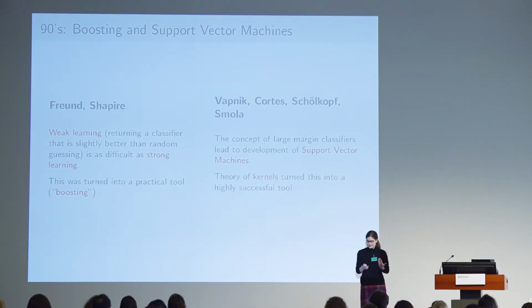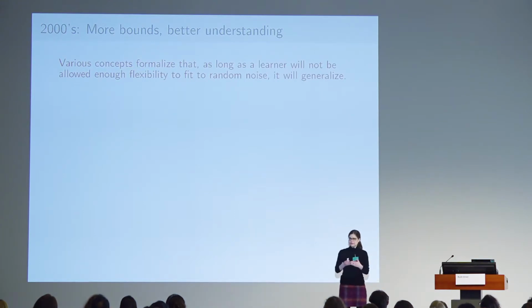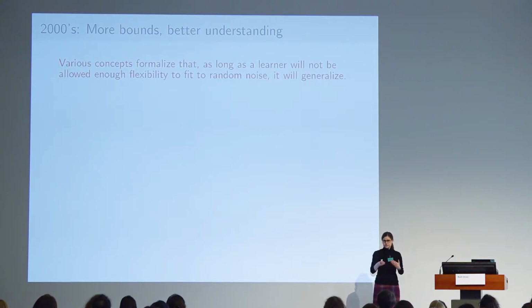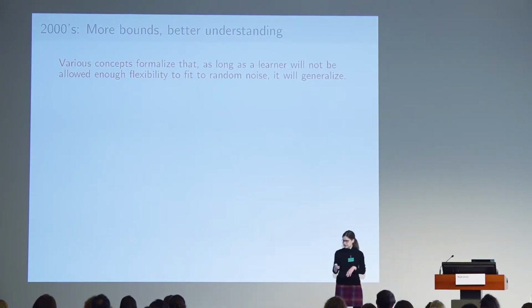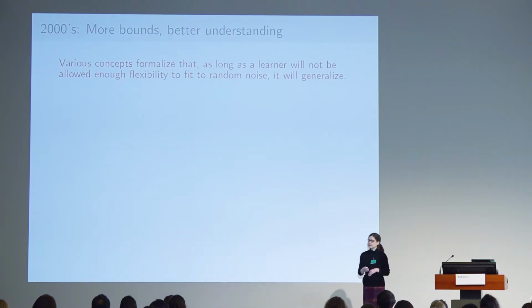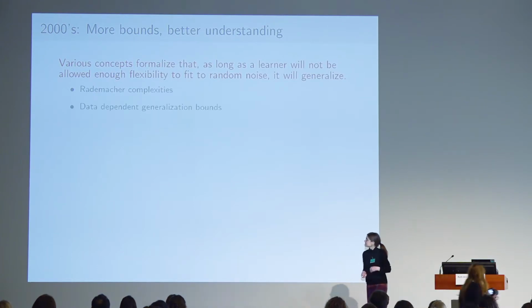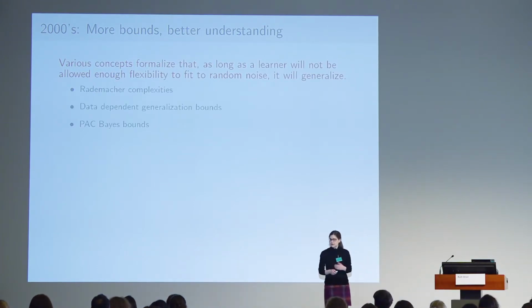And then, in the next decade, things started going well for machine learning both from a practical perspective and from a theoretical perspective. So there really were in this time various concepts that lead to good generalization performance that were discovered. For example, VC dimension is just one concept that works for binary classification, so it's relatively restricted. So people came up with Rademacher complexity, data-dependent generalization bounds, PAC-Bayes bounds.